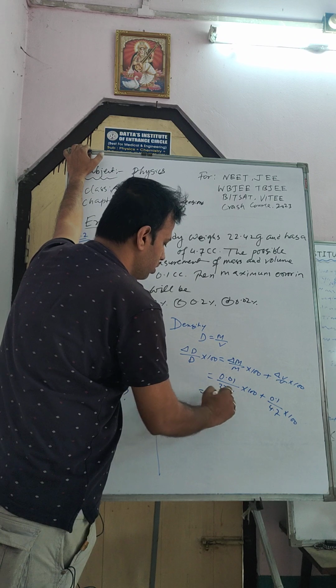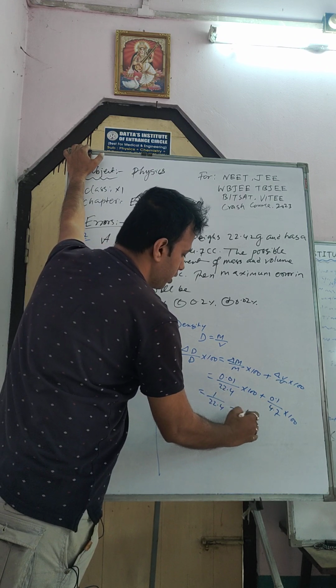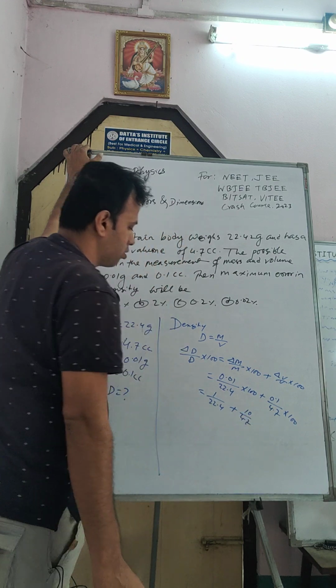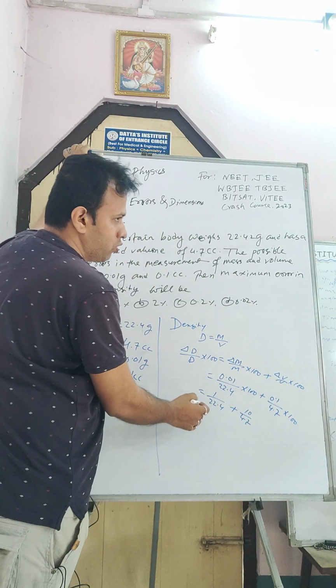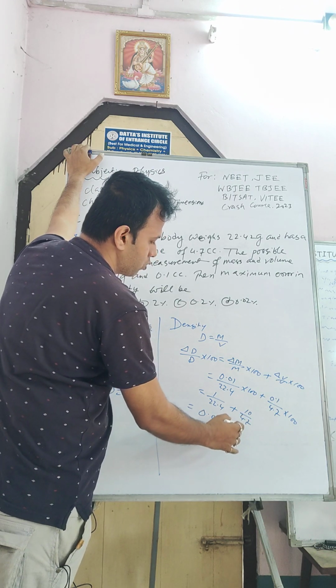So it comes to 1 by 22.4 and 10 by 4.7. Okay, this is almost 0.002 and this is almost 2 point something.